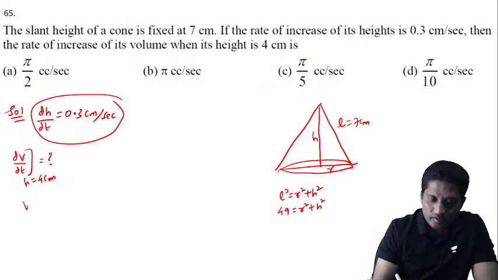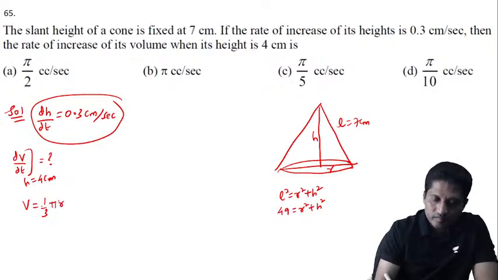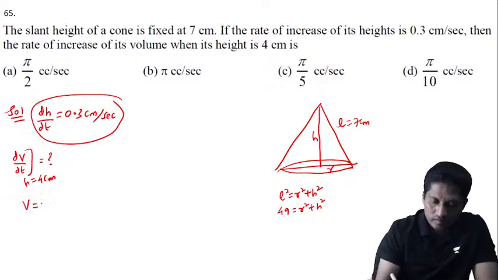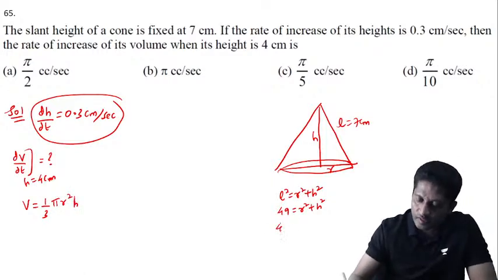Volume of a cone is equal to 1 by 3 pi r square into h. From this I can write 49 minus h square is equal to r square, right?